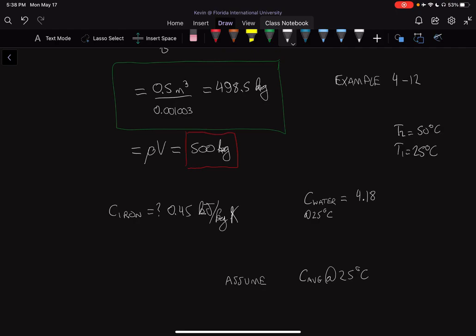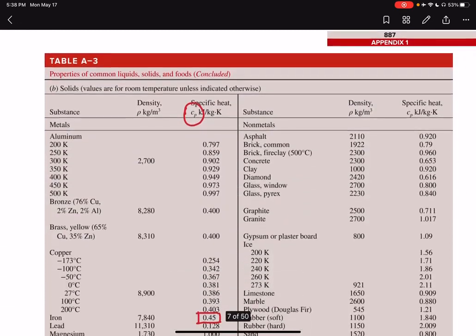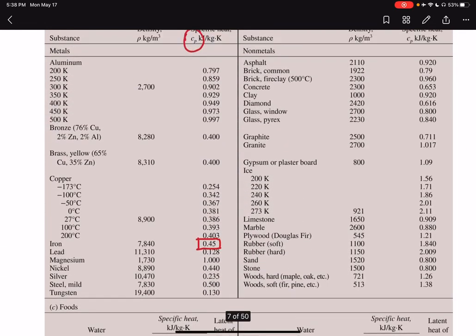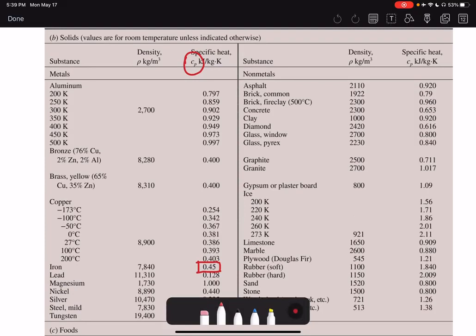Now, going back to iron, we also use the average temperature for iron. But if we look at iron, we are only given one temperature. If we had, for example, aluminum, with a temperature that started at 400 Kelvin and then went down to 300 Kelvin, we would have to use the value that's average.